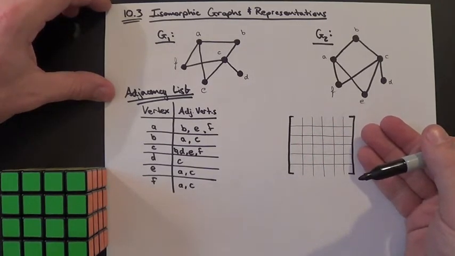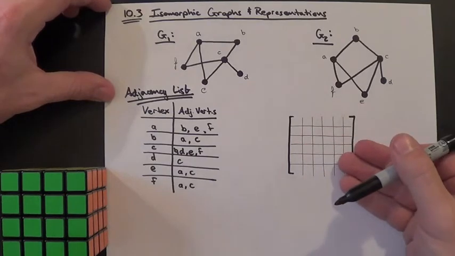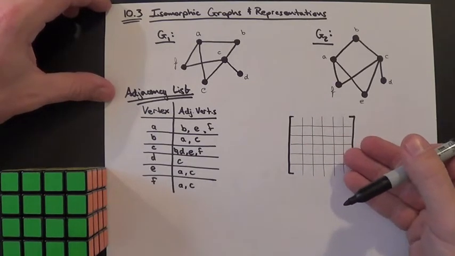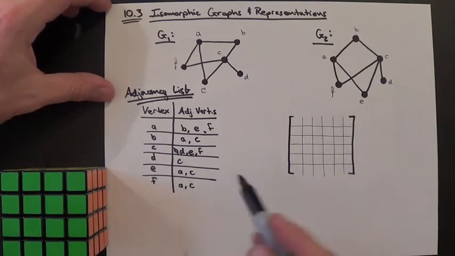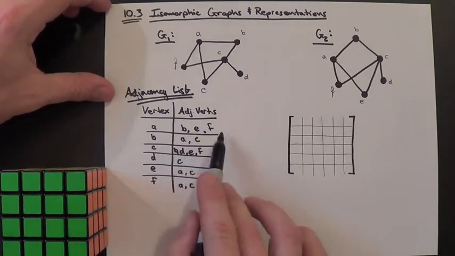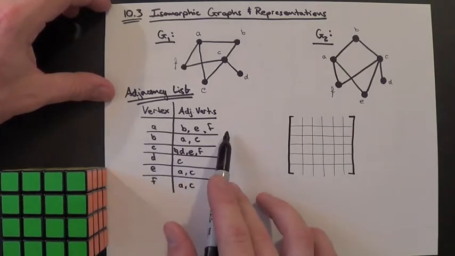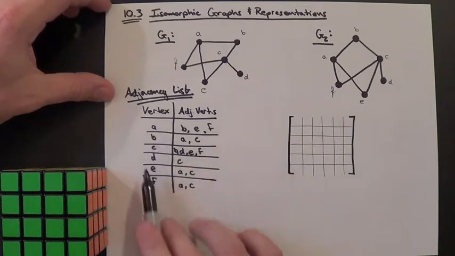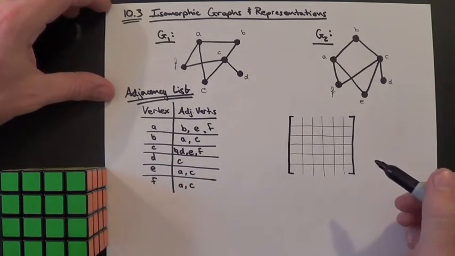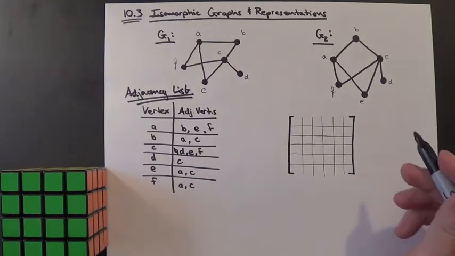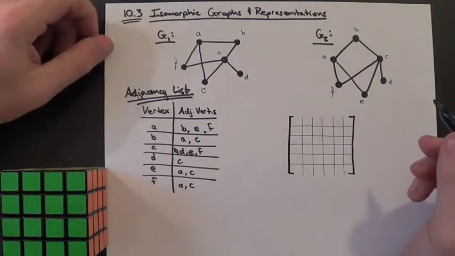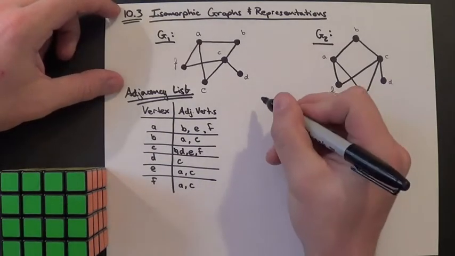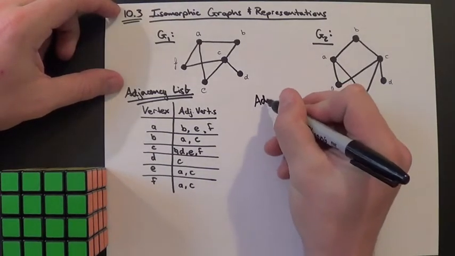However, if we have a lot of vertices and lots of edges, this list can get quite long, quite complicated, and a little more difficult to follow in the long run. So we can create an adjacency matrix.